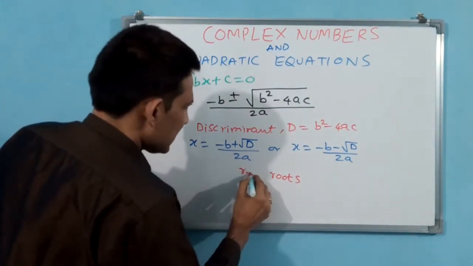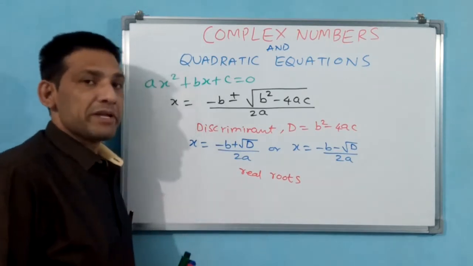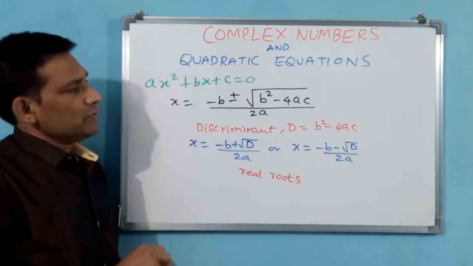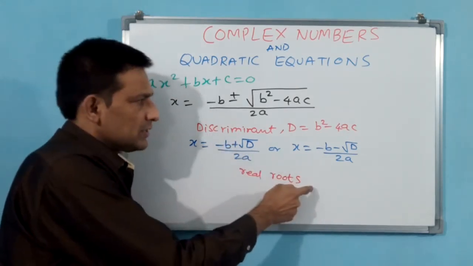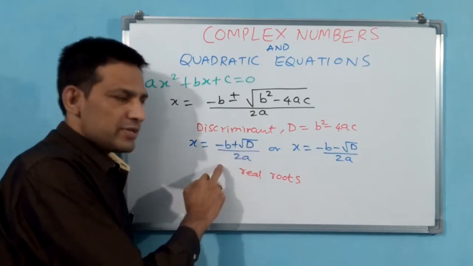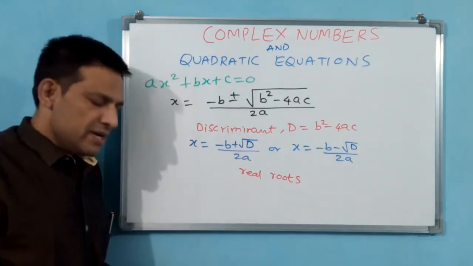Real roots. This is very important. The word real is very important. x has two values: one is minus b plus square root of D by 2a, another one is minus b minus square root of D by 2a.